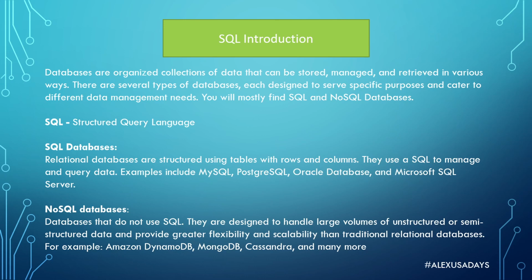Then there are NoSQL databases, databases that do not use SQL. They are designed to handle large volumes of unstructured or semi-structured data and provide greater flexibility and scalability than traditional relational databases. For example, Amazon DynamoDB, MongoDB, Cassandra, and many, many more.